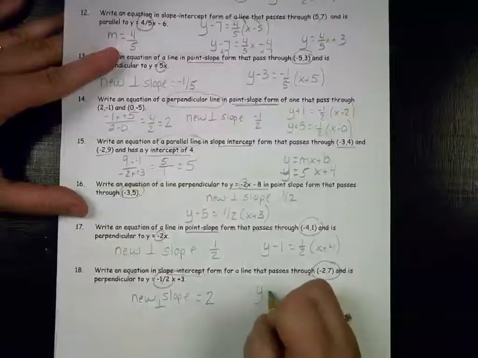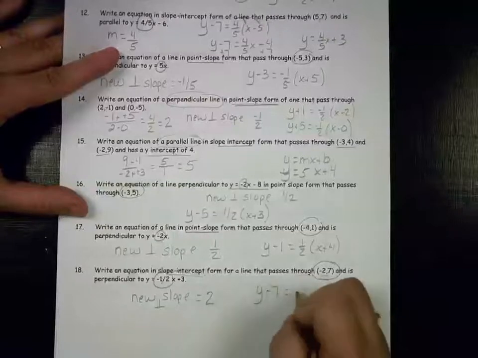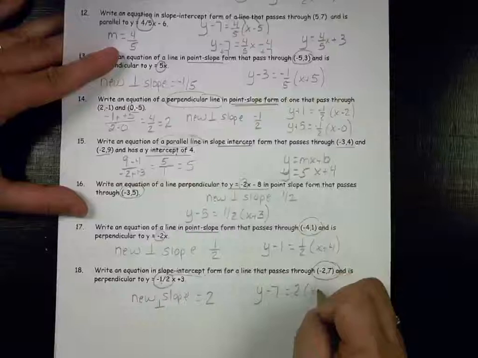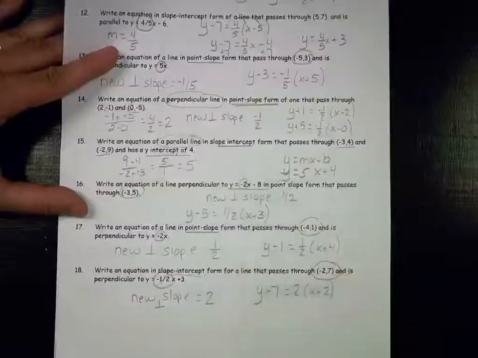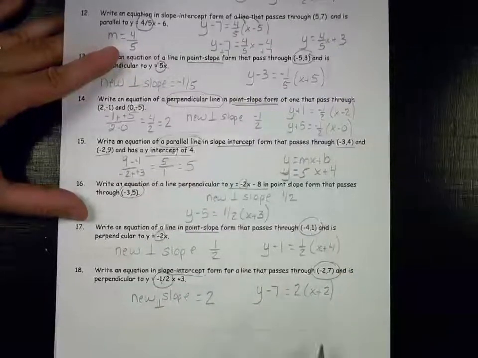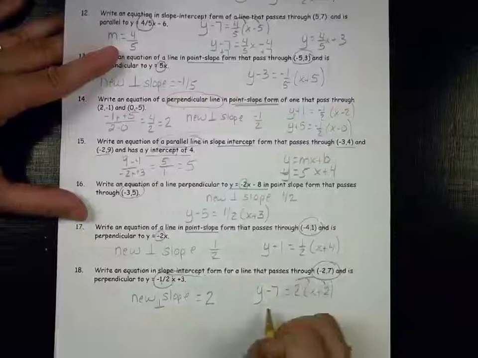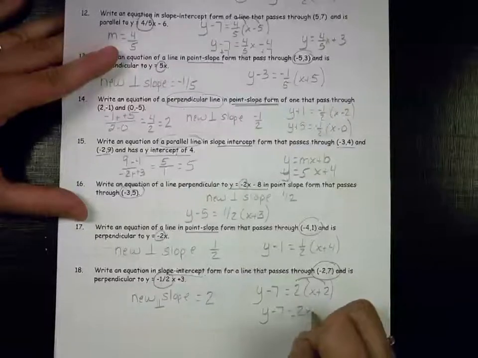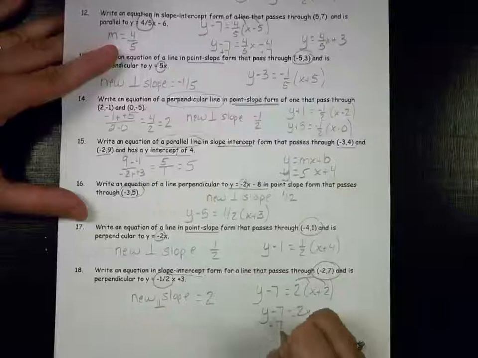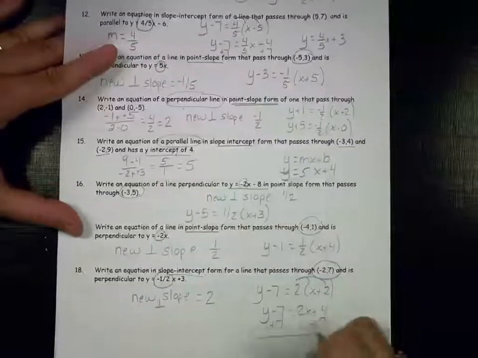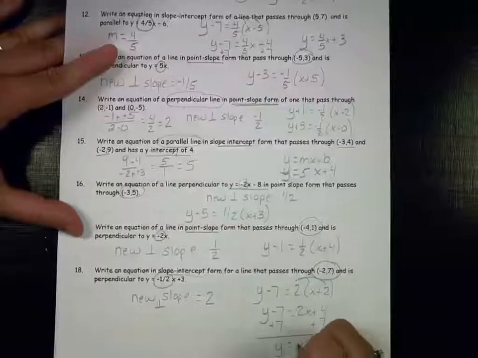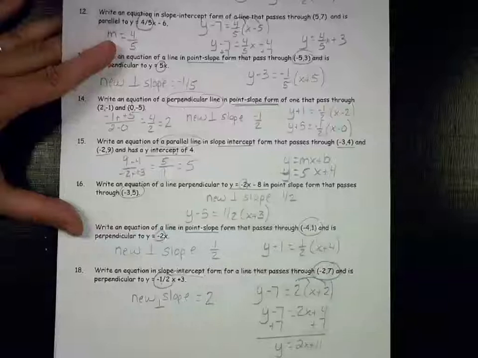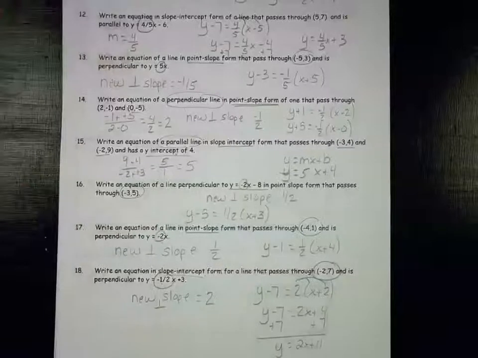Start with y minus 7 equals 2 times x plus 2. Distribute, y minus 7 equals 2x plus 4. And if you add 7 to both sides, your final answer is y equals 2x plus 11.